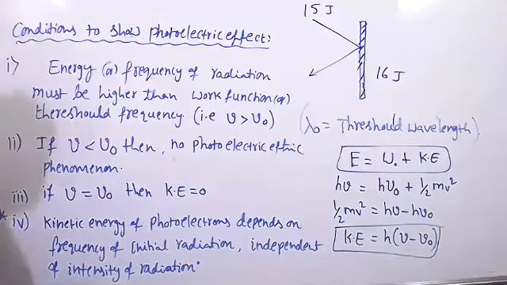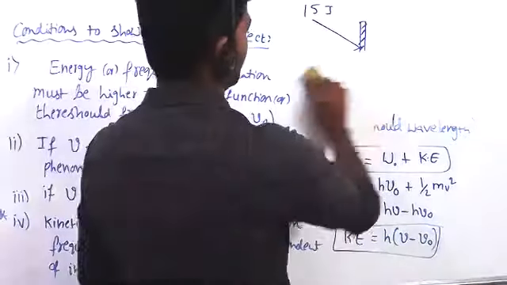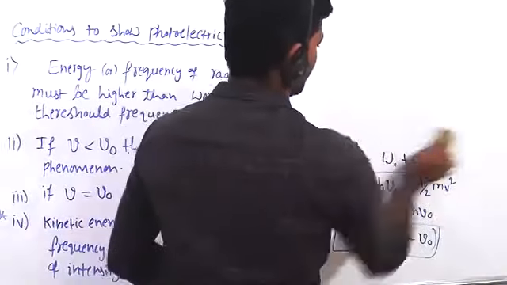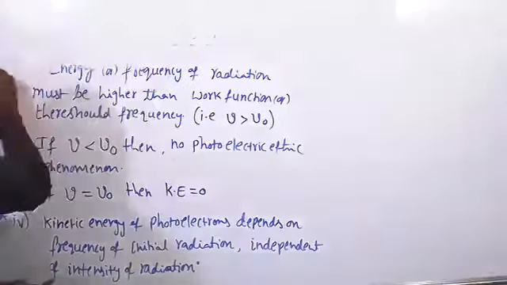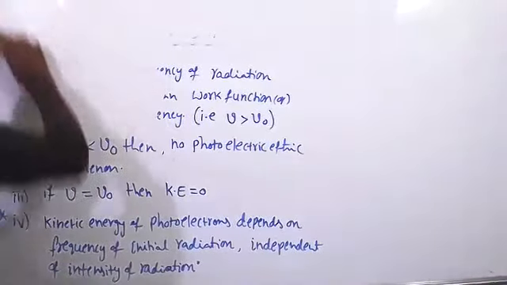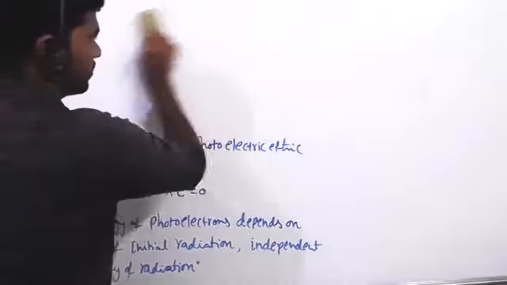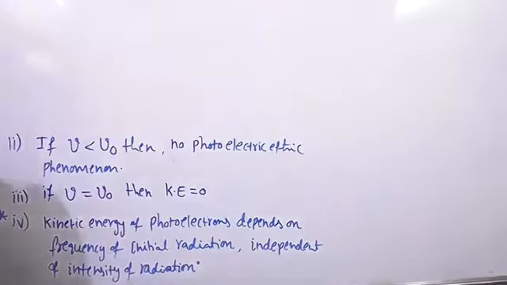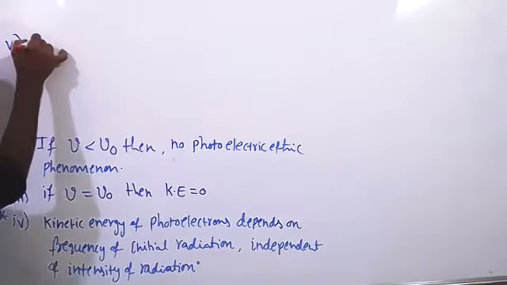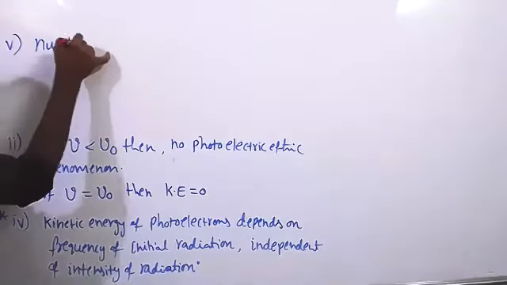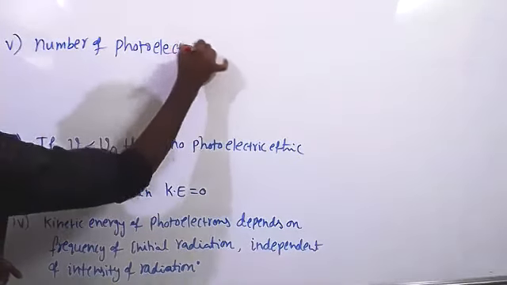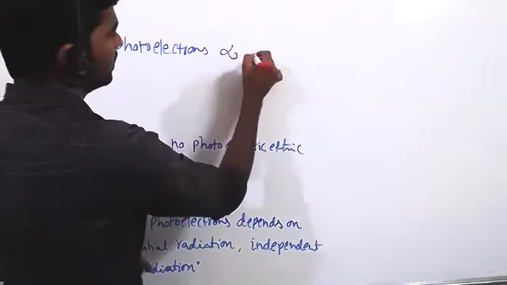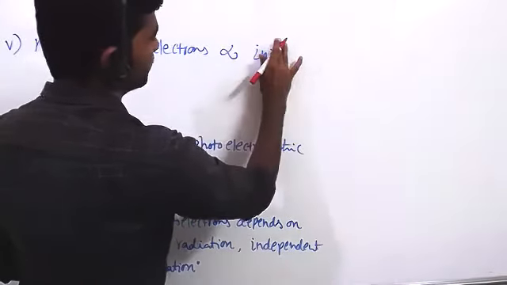Next, the fifth point is number of photoelectrons is directly proportional to intensity of initial radiation.